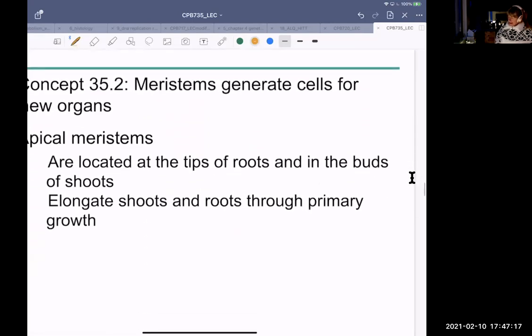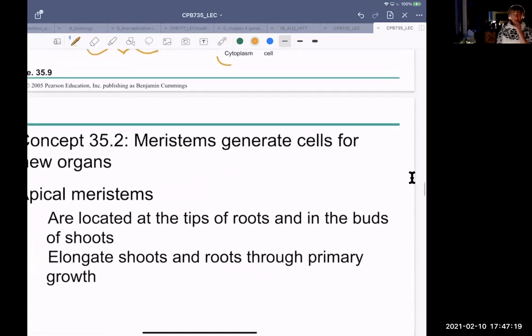So just like you've heard of stem cells, we talked about stem cells a little bit in cell biology. Stem cells are the precursor to whatever cells they're going to become. They're undifferentiated and non-functional. In plants, we call them meristems.